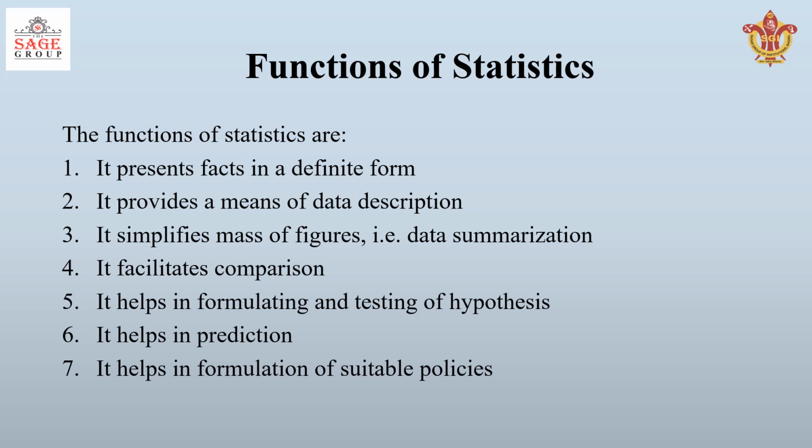For example, if it is the average height of distribution 1 and the average height of distribution 2, then once we calculate these two averages, we can say for sure which distribution has a greater or a higher average. 5th, it helps in formulating and testing of hypotheses. 6th, it helps in predictions. Now, using different tools of regression analysis, we can predict, and this is widely used in, say, demand forecasting. Next, it helps in the formulation of suitable policies.